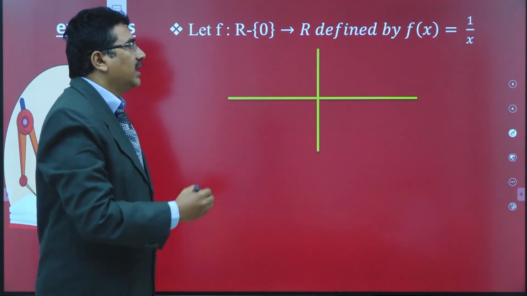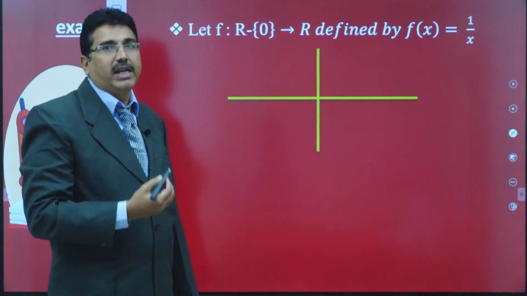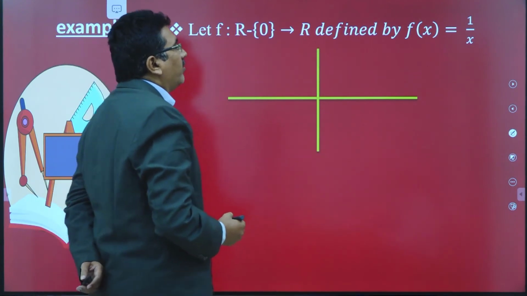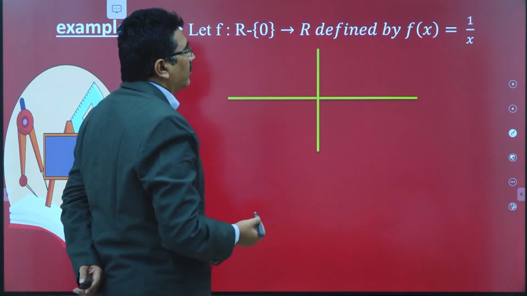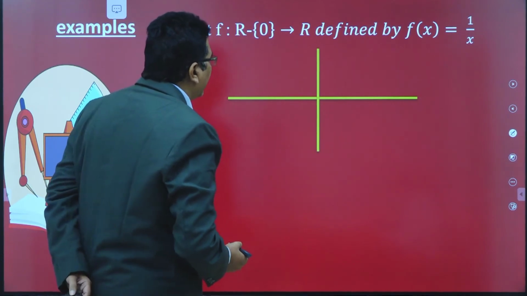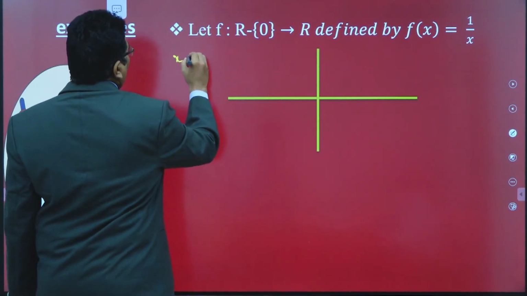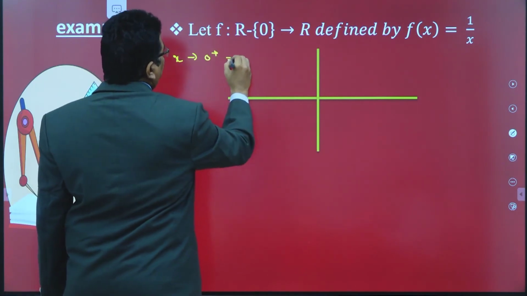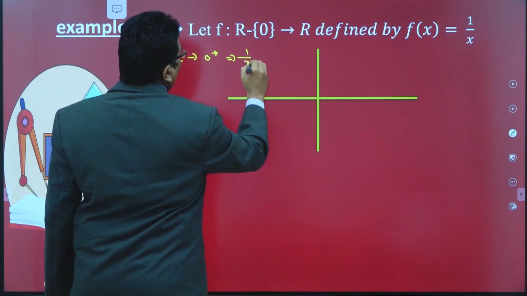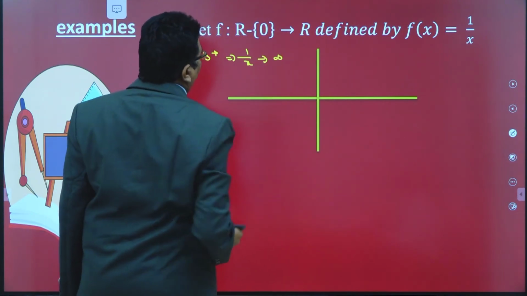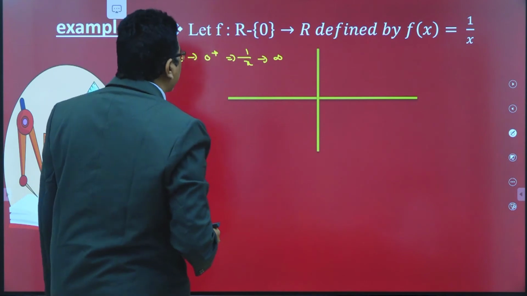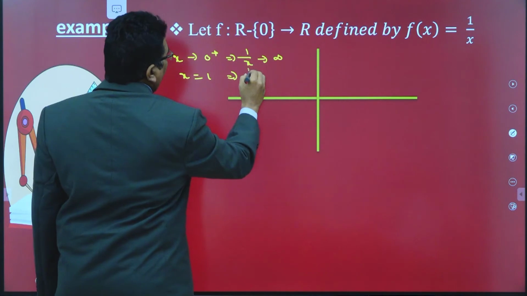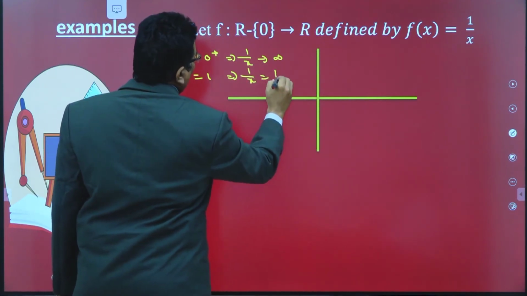Now, what is the graph nature? F of x equal to 1 by x. x tending to 0 plus implies 1 by x tending to infinity. x is equal to 1 implies 1 by x is equal to 1.